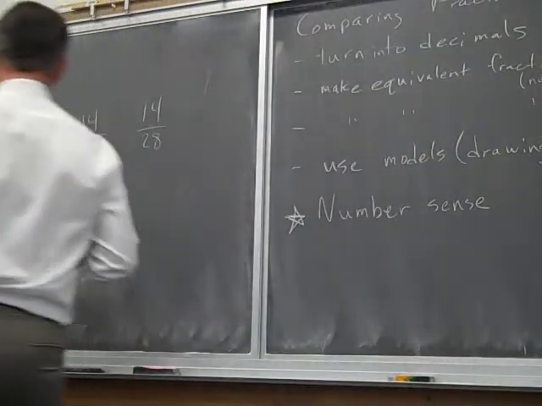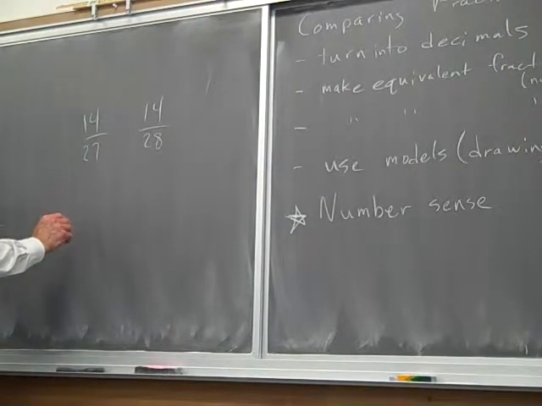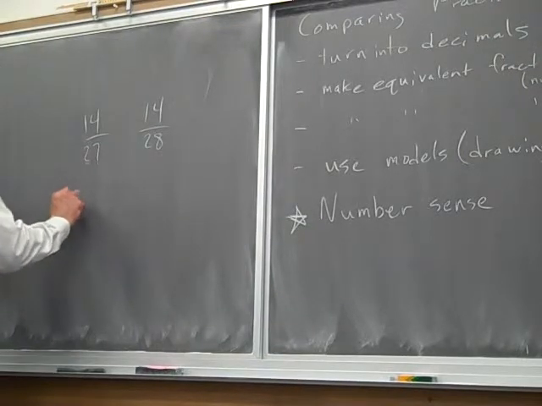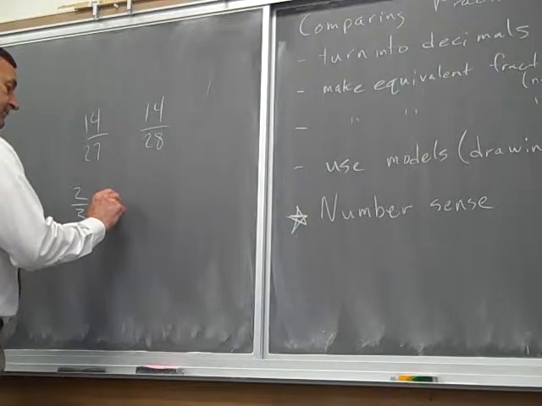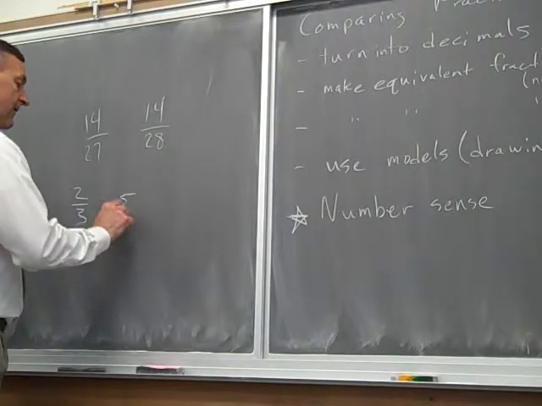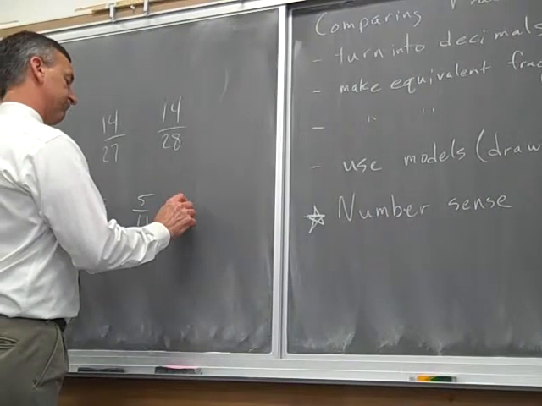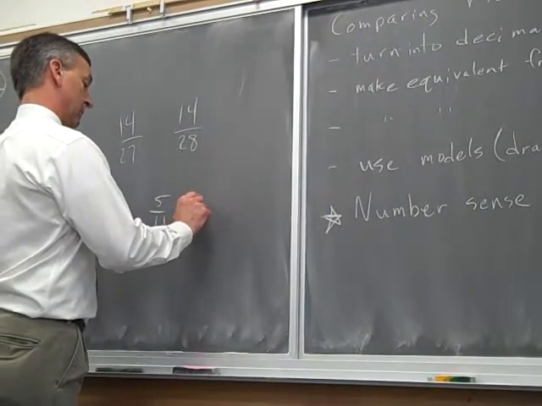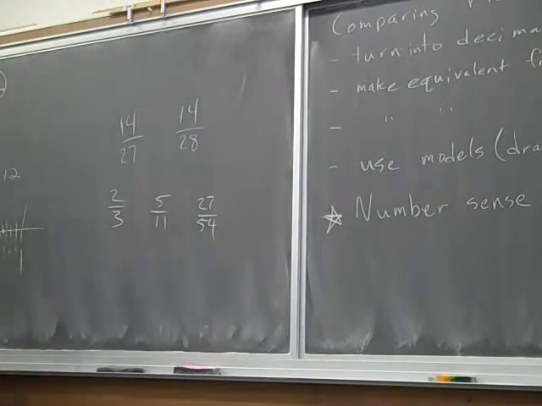If I were to give 2/3, 5/11, and 27/54, number sense is the way to go.